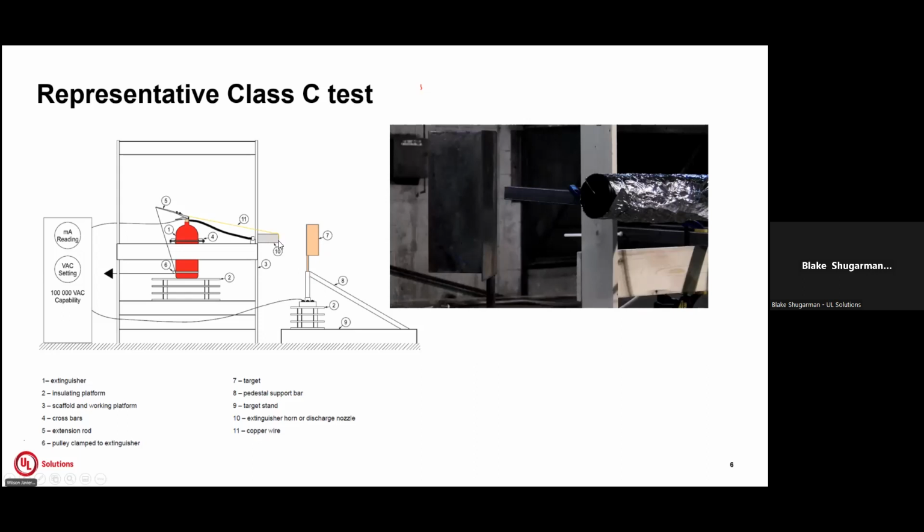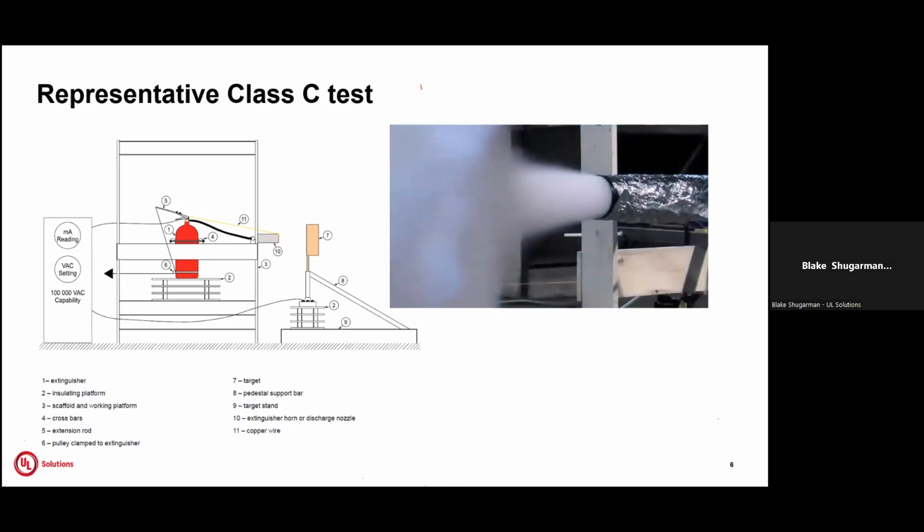And the horn of the extinguisher, which happens to be a CO2 extinguisher, is located to the right. This is a relatively short video. And during this test, there is 100,000 volts between the target and the extinguisher. As we can see, there is no arcing, and therefore the results are acceptable.